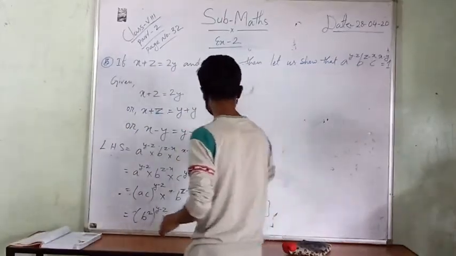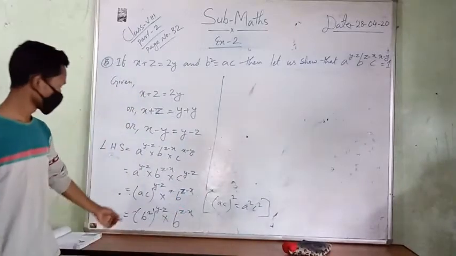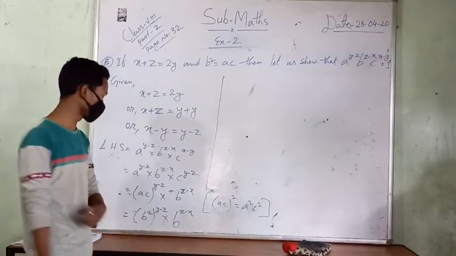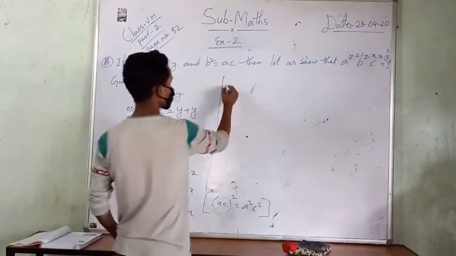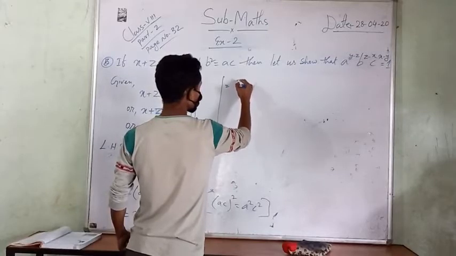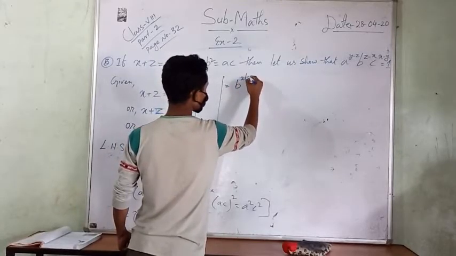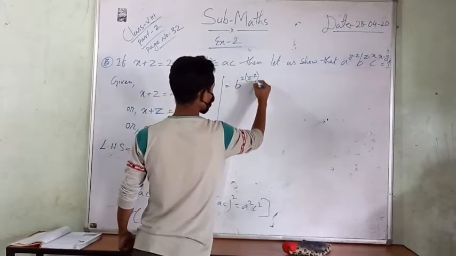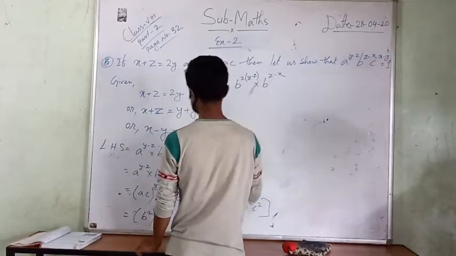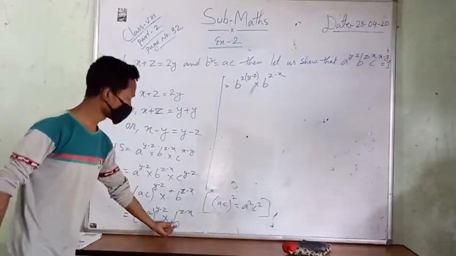Now ac means b square. I will write b square to the power y minus z, now open the bracket, equals b to the power 2 into y minus z into b to the power z minus x.